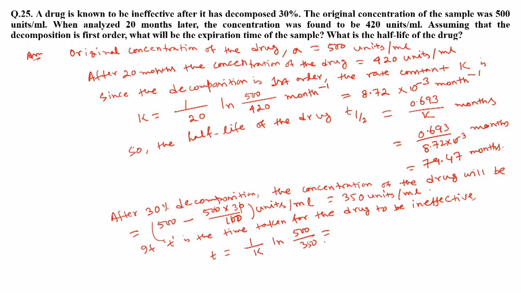So value of K we have already got, so we get 1 divided by 8.72 times 10 to the minus 3 and ln 500 by 350, and this is in months. So we get value of T is 40.9 months.